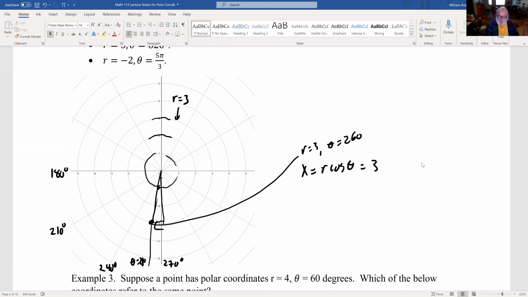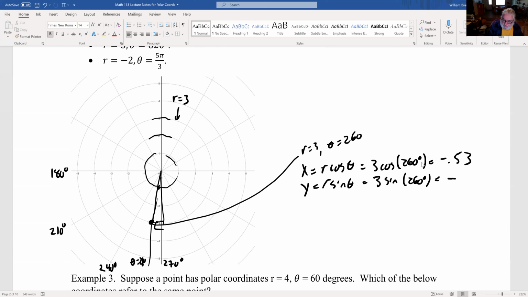So 3 cosine of 260 degrees is minus 0.53. Y is r sine theta. And that's 3 times sine of 260 degrees, which is minus 2.45. So that gives me my x and y coordinates for that point.